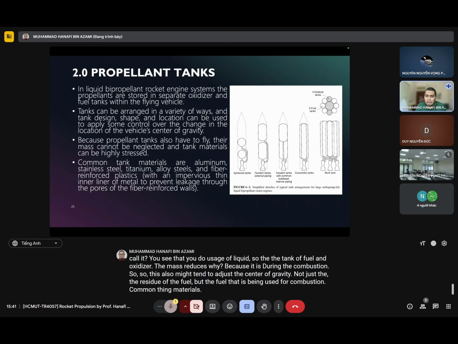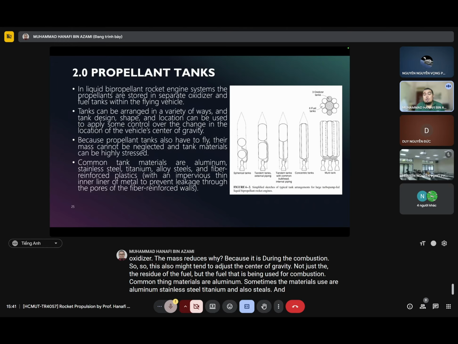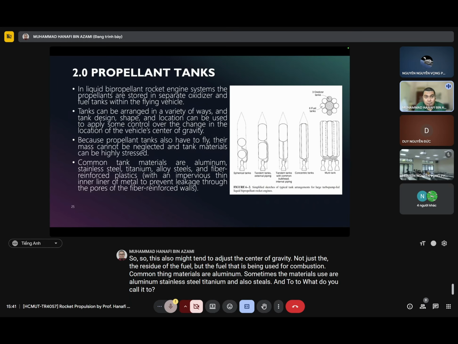Common tank materials are aluminum. Sometimes the materials used are aluminum, stainless steel, titanium, and also alloy steels. To save weight, fiber reinforced plastics are also being used.